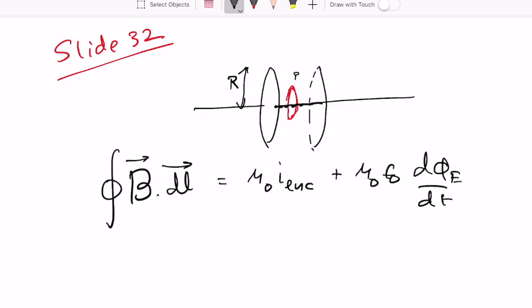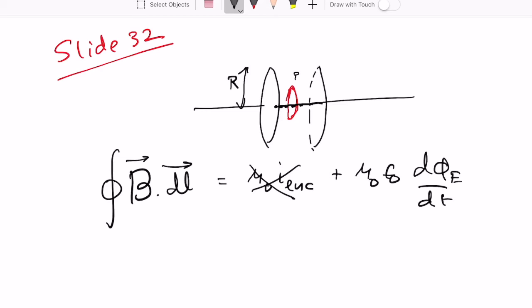Right? Okay. Is there any current passing through the surface? We are just going to work with the flat surface now. Is there any current penetrating the flat surface of the red loop? The answer is no. So there is no I enclosed, right?